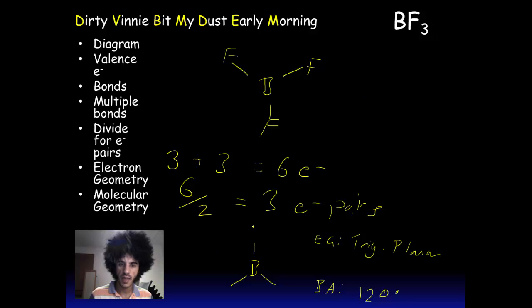So it must be a fluorine there, a fluorine there, and a fluorine there. So my molecular geometry is also trigonal planar, and the bond angle remains 120. Notice here that we only have 6 electrons in the outer shell of boron, and in this case that's okay. Okay, so that's fine. We're done.